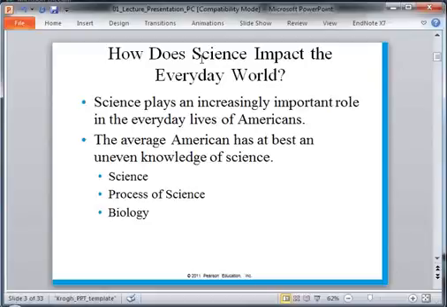For many of you, you could have chosen many electives to take for your science credit, and that's why we'll have emphasis on science and the process of science throughout the semester. We will also talk, though, a lot about biology, because this is a Biology 101 class, and so we're going to be talking about the study of life immensely, always keeping in mind that it is a science.